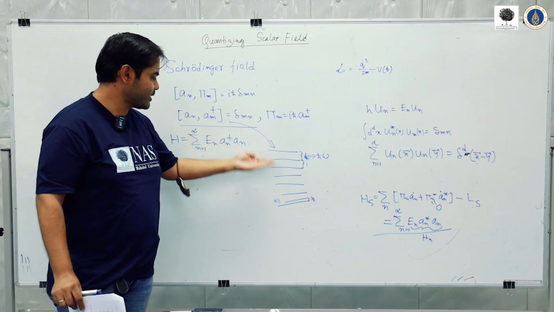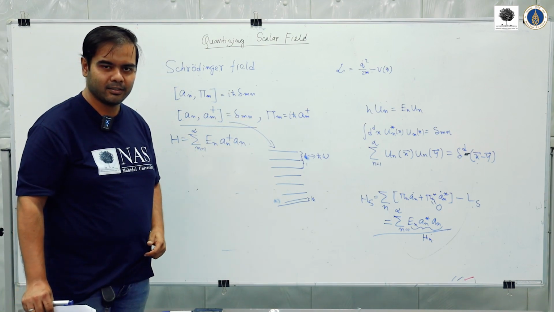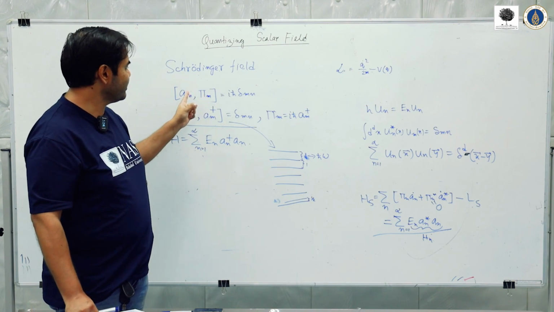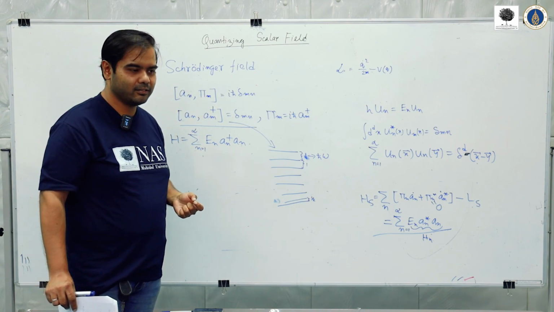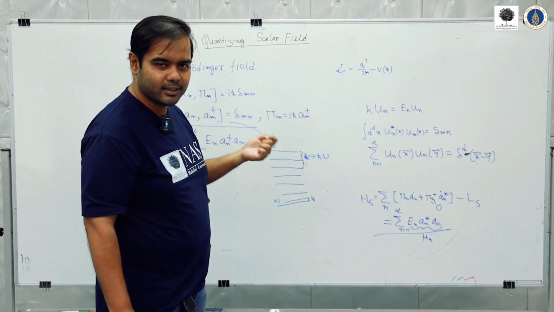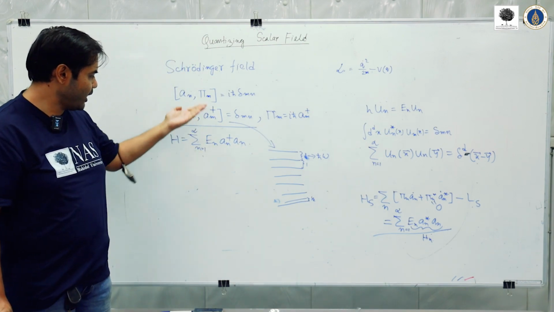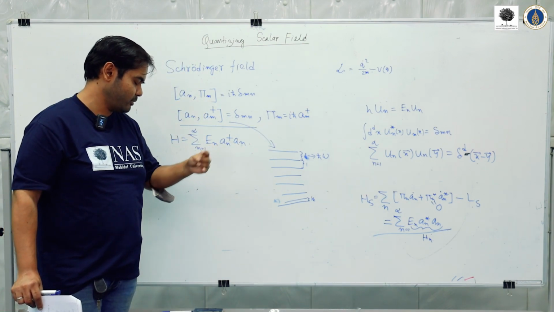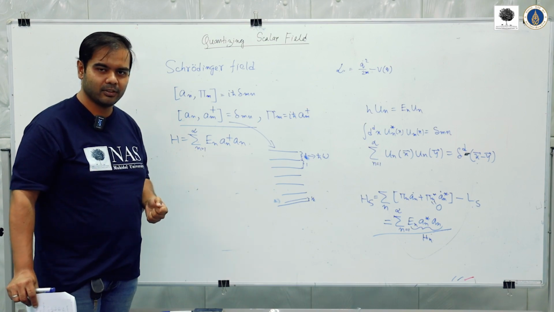It will have the same structure for the Hilbert space. But Schrodinger case is a non-relativistic field and Klein-Gordon case is a relativistic field, but we end up with a harmonic oscillator Hilbert Fock space anyhow.